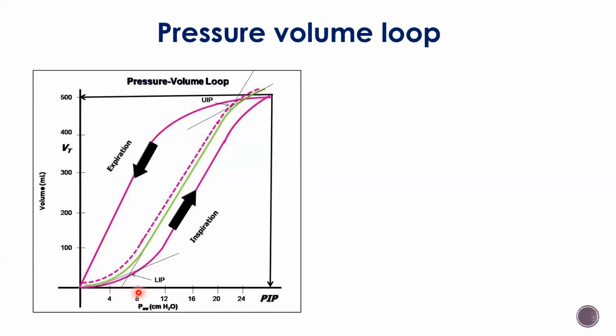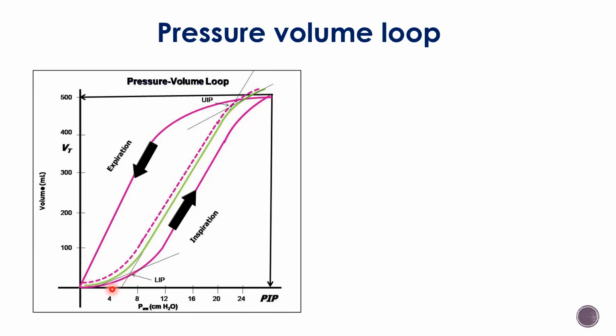From 4 to 8, the pressure change is again 4, but the volume change from here to here is a bit higher compared to this. Suppose this is 5, and from 4 to 8 it is 20, to understand it. So for 0 to 4, the change in volume is 5. From 4 to 8, the volume goes from 5 to 20, so the change is 15. Understood?